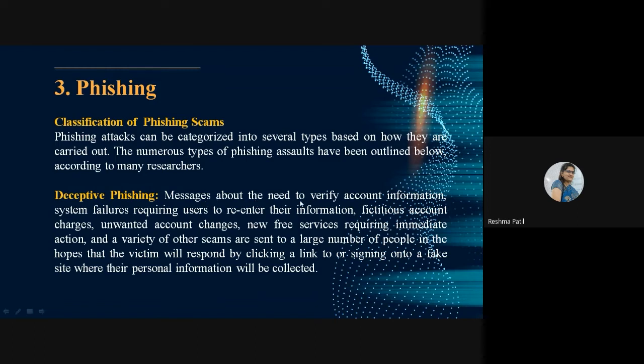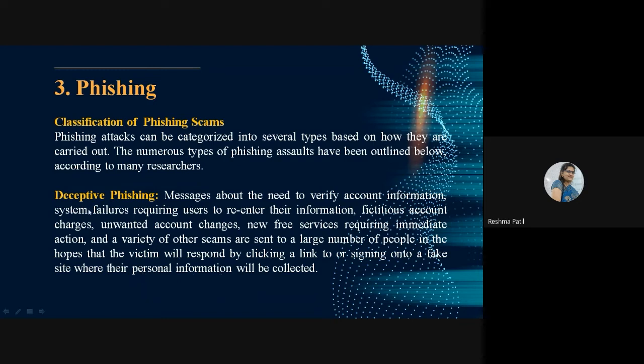Messages about the need to verify account information, system failure requiring the user to re-enter their information, fictitious account charges, unwanted account changes, new free services requiring immediate action, and a variety of other scams are sent to a large number of people in the hope that the victim will respond by clicking a link to or signing on to the fake site where their personal information will be collected.